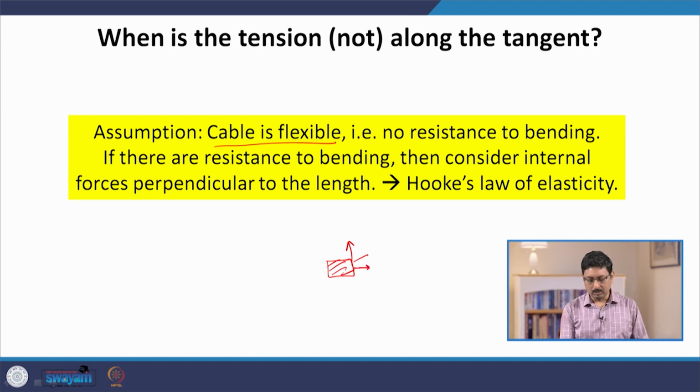This is the local tangent direction, this is perpendicular to the local tangent, and if there are elastic forces, then some forces perpendicular to the local tangent can appear. But we are going to assume that there is no elastic force, which means that the cable is perfectly flexible. There is no resistance to bending. If I try to bend the rope, it will bend whichever way I want. With this assumption, we are ready to solve some problems, which we will take up in the next lectures. Thank you.